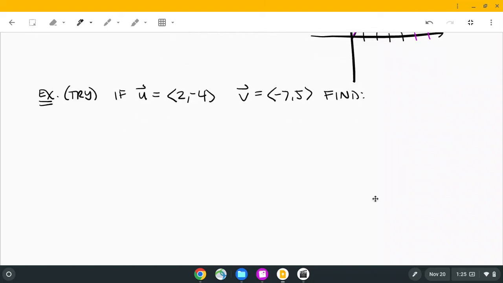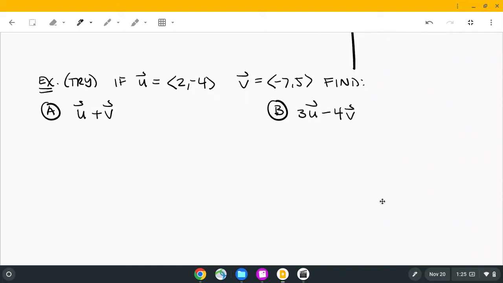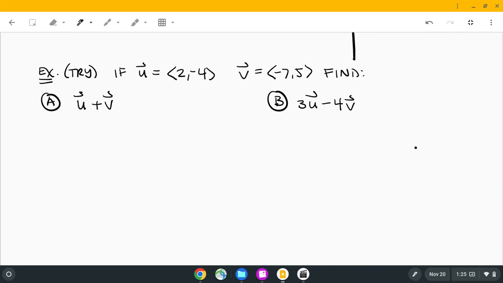Okay, I'll give you 2. See if you can find u plus v, and then see if you can find 3 times u minus 4 times v. Okay, so go ahead and hit the pause button and then come right back.